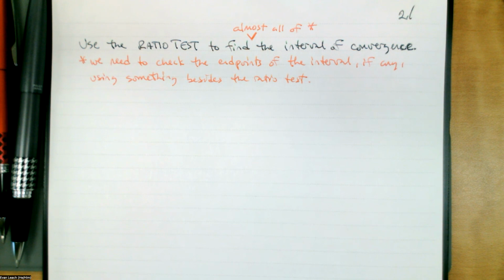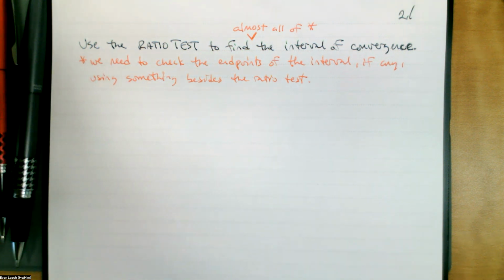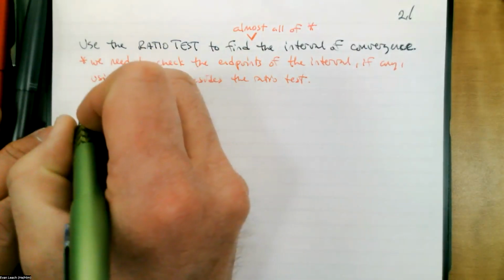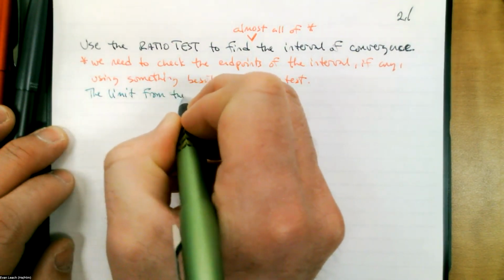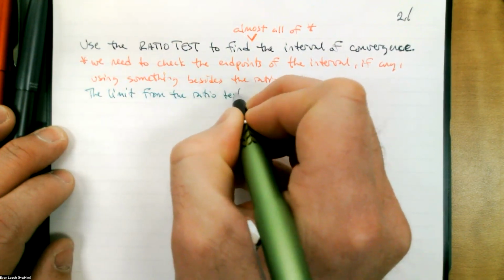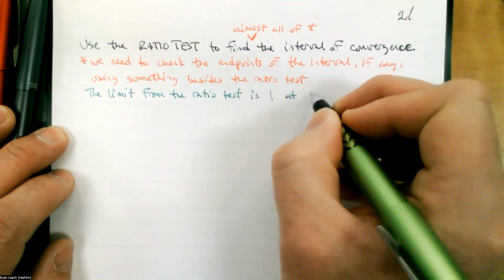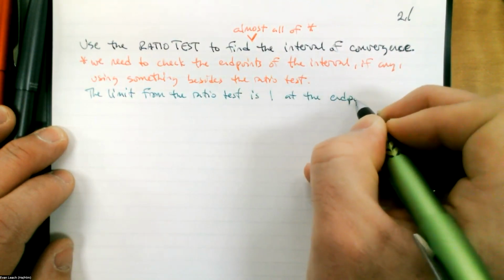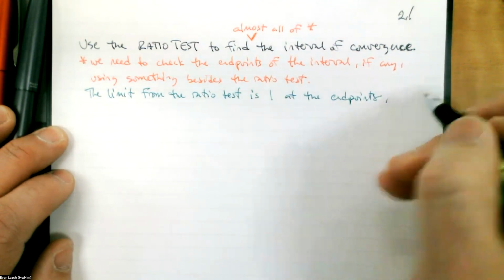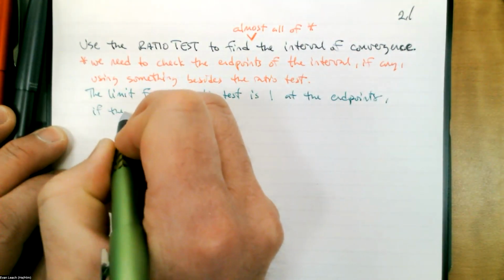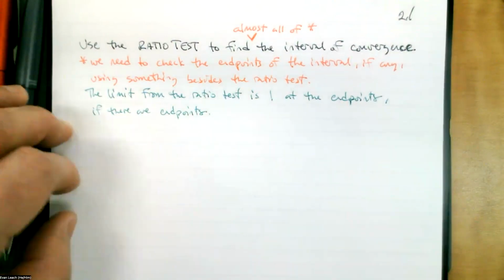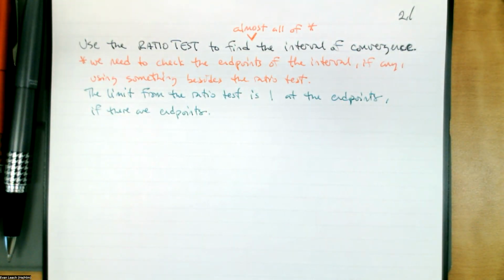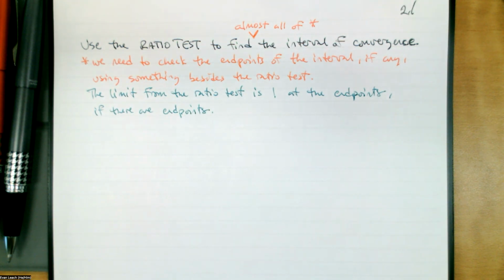The limit from the ratio test is 1 at the endpoint if there are any endpoints. That's not helpful.